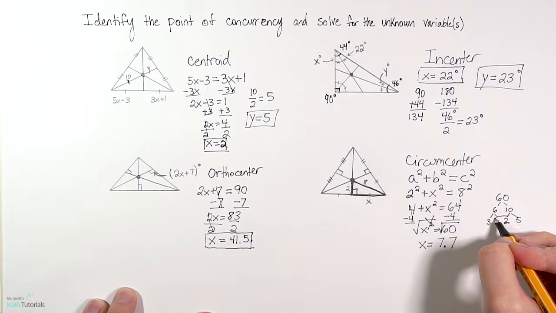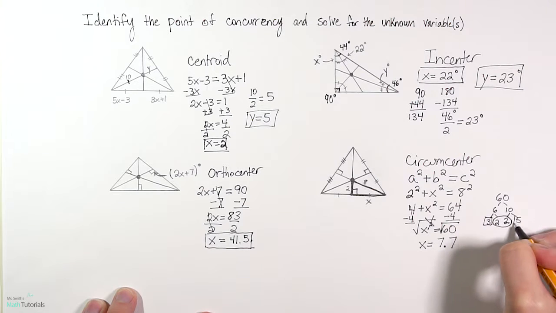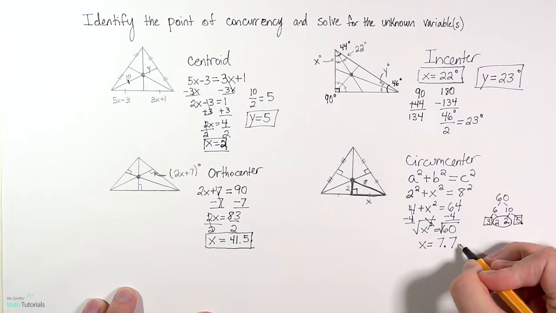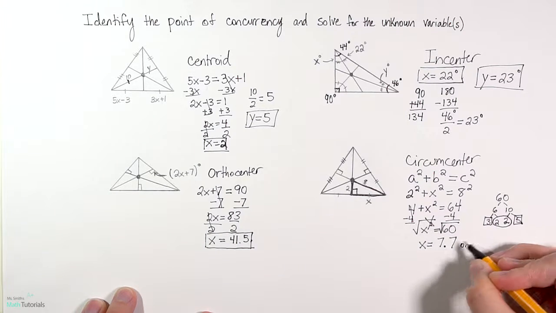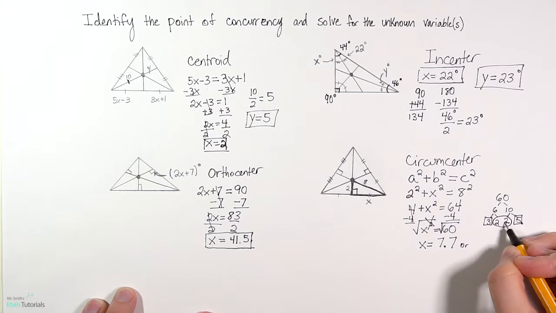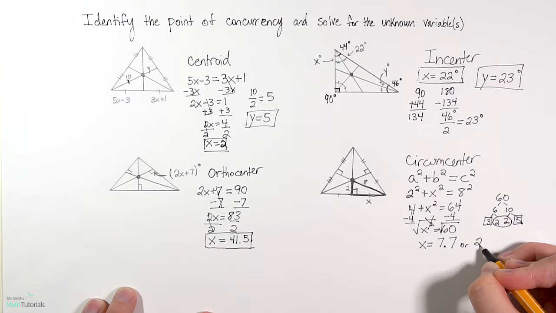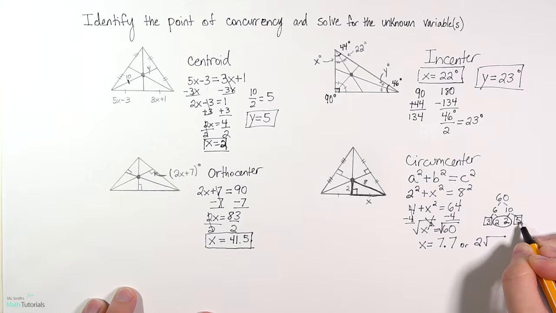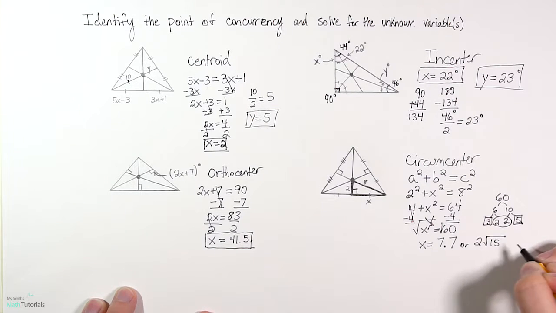So I've got a pair of 2's, and 3 and 5 do not have a pair. They don't have a buddy, so they're stuck in the radical, tied together through multiplication. So that is 1 two that gets to come out. I'm going to put a little "or" because our answer could be 7.7, or the 2 that gets to come out, and then underneath the square root would be 3 times 5, which is 15.